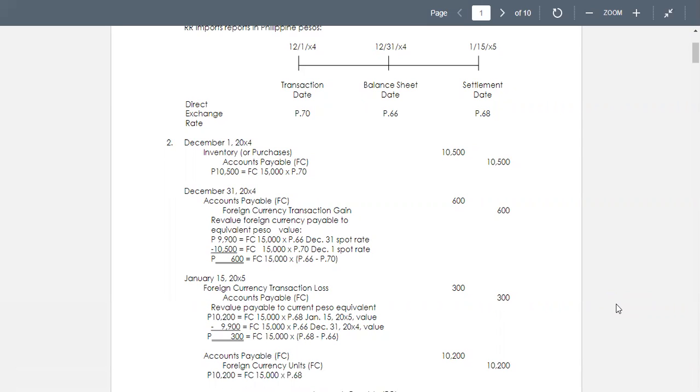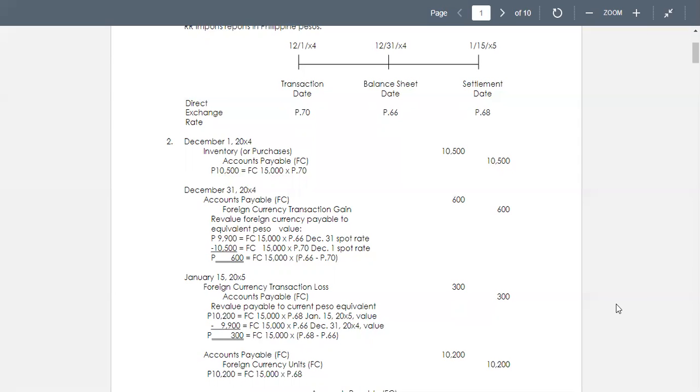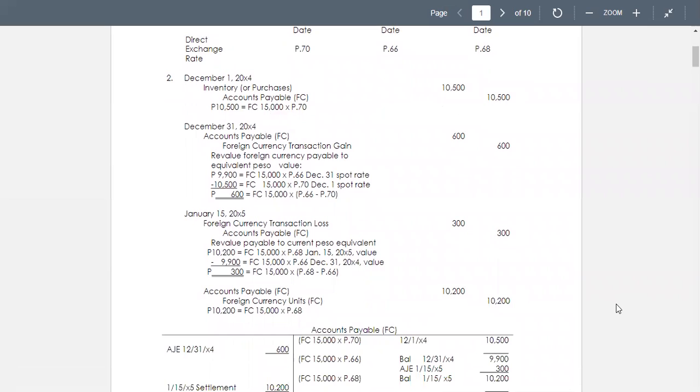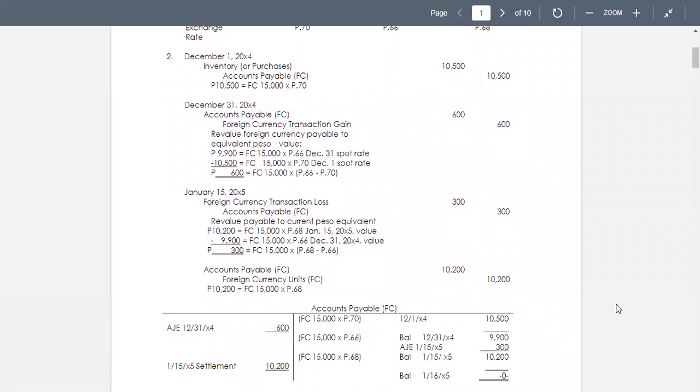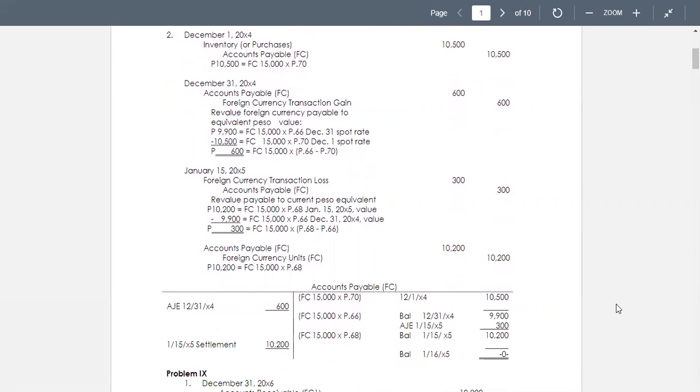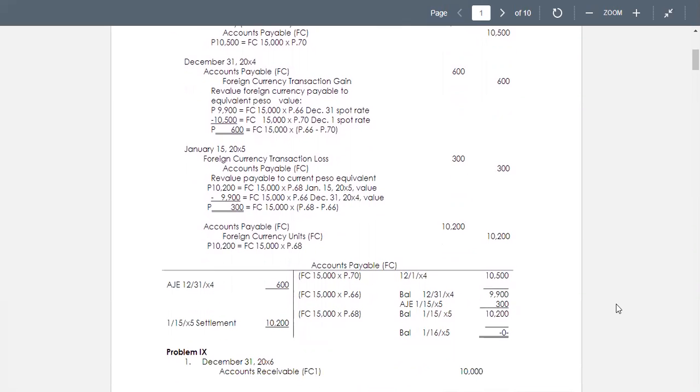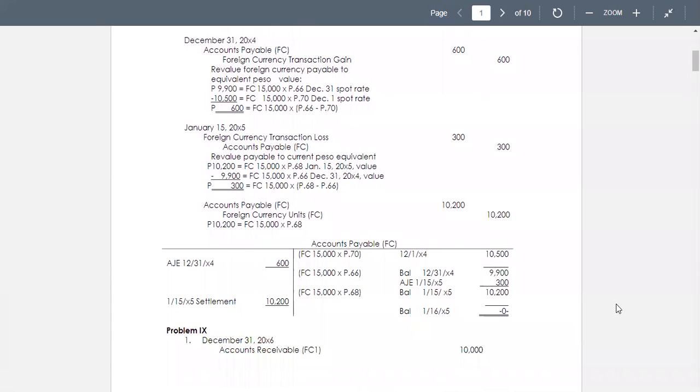That's now for the amount of 10,200, which is taken by multiplying 15,000 times 0.68. Okay, so if you analyze the accounts payable account, now we have this breakdown. So you will find that during the settlement date, the amount payable is 10,200.